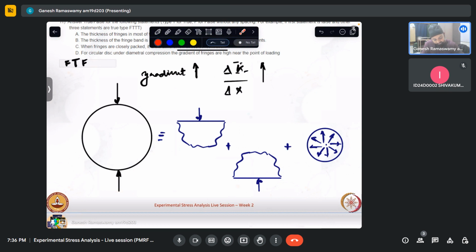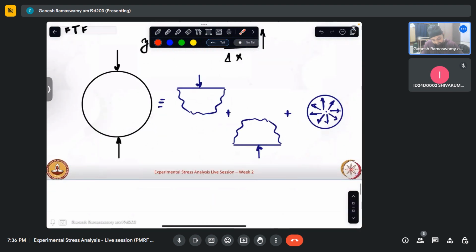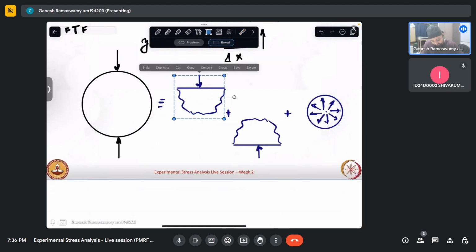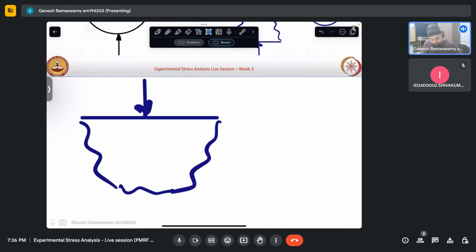Now, let us say I take one of these cases and blow it up, and then see how fringes actually come about. That is how the contours look.